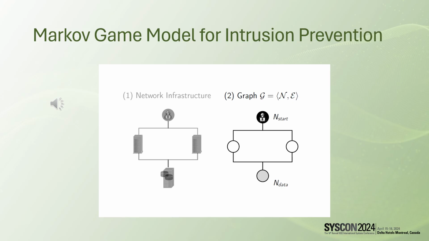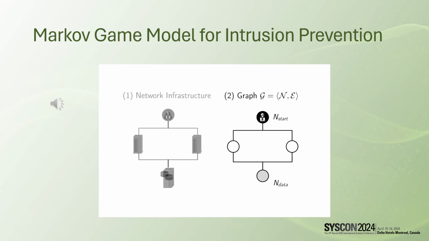For the representation of network structure, not surprisingly, the nodes, denoted as N, can represent different entities within the network, such as servers, workstations, databases, or any network devices. Edges, denoted as E, represent the connections or potential pathways between these entities.